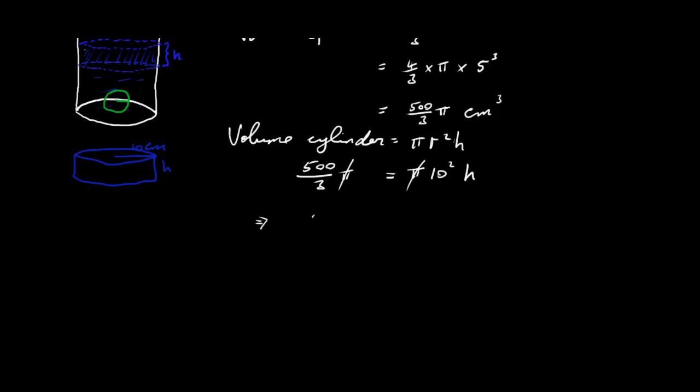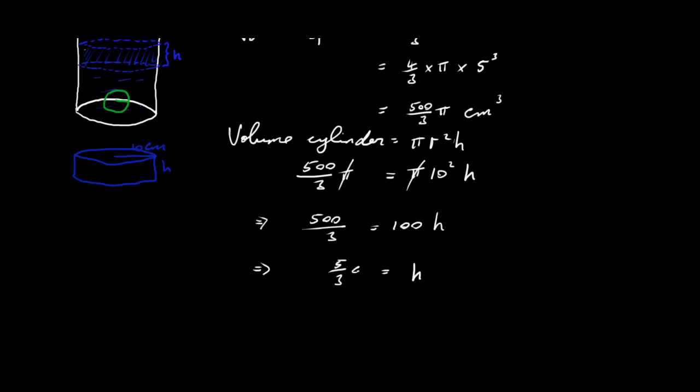So what we're left with here is 500 over 3, which is equal to 10 squared, which is 100, times h. So what I've got to do now is just divide both sides by 100. If I divide the right-hand side by 100, I get h. Divide the left-hand side by 100, and I'll just get 5 over 3.